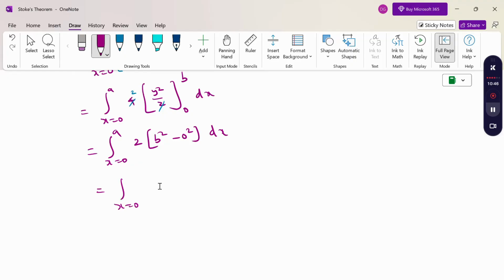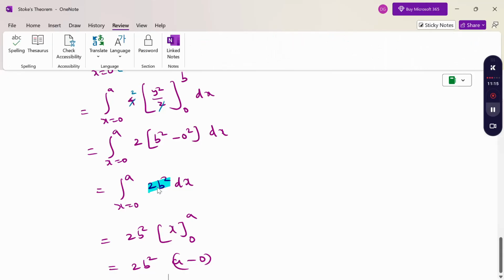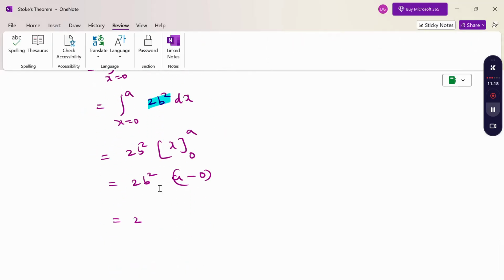Therefore x from 0 to a, 2b square dx. Here 2b square is a constant, so taking it out, the integration of dx is x from 0 to a. Substituting the upper limit minus the lower limit, a minus 0, therefore 2ab square. This is the right hand side value.